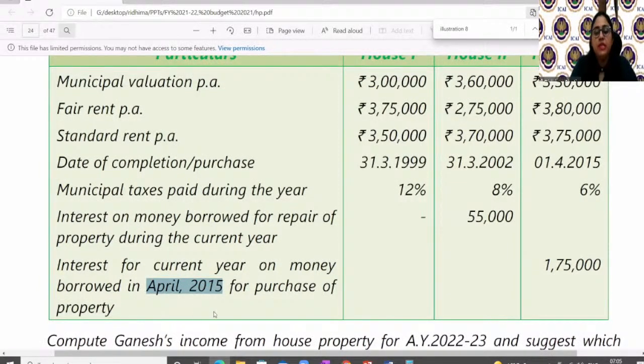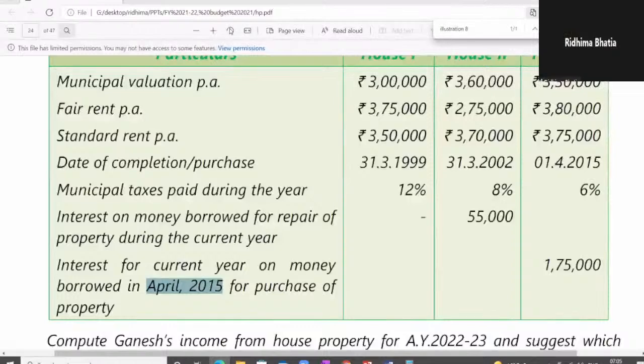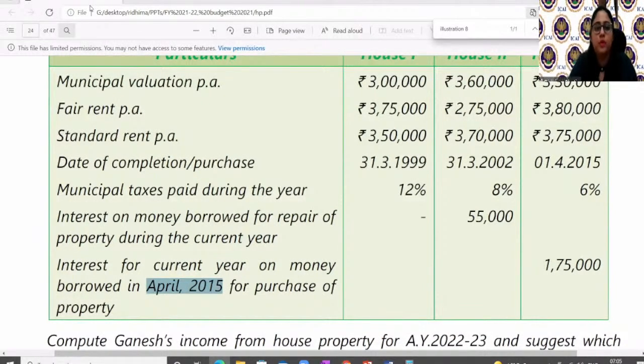What is relevant is that the loan is taken after 1st April 1999. So that is also satisfied here.